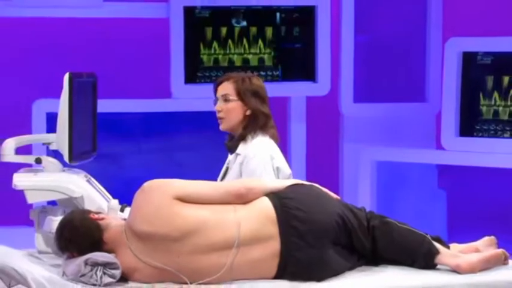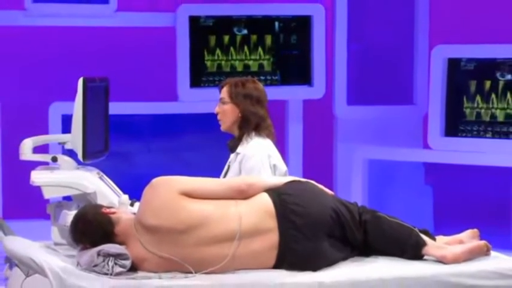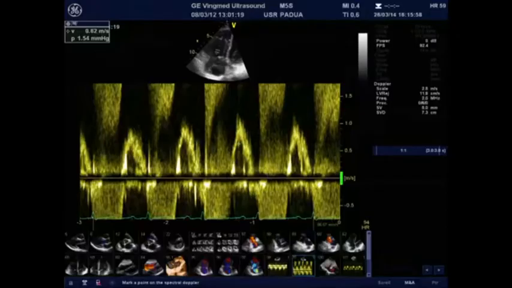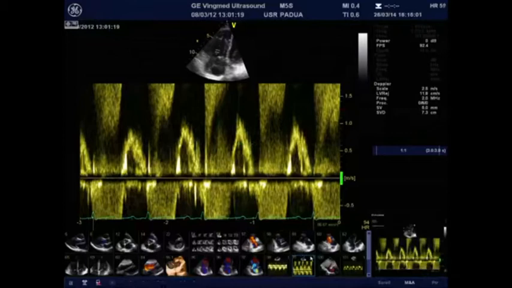Other situations in which the velocity of the E wave cannot be used as a parameter for orienting the severity of the tricuspid regurgitation are, for instance, in patients who have had annuloplasties or have a tricuspid stenosis. In that case, the acceleration in early diastole is not only related to the regurgitation severity itself.